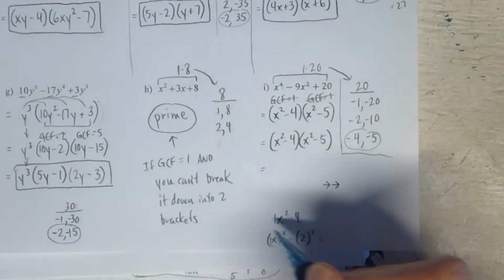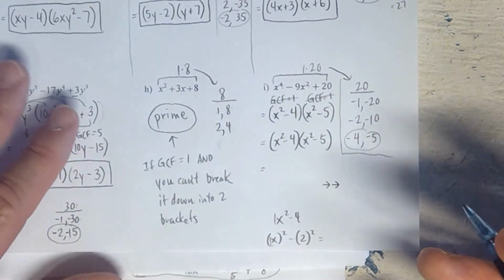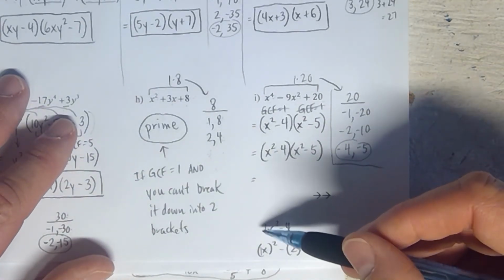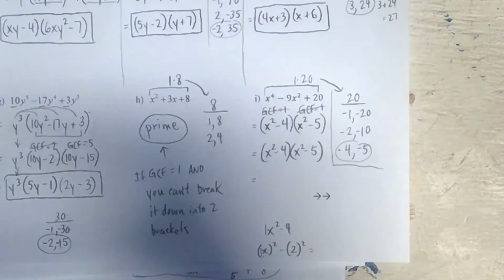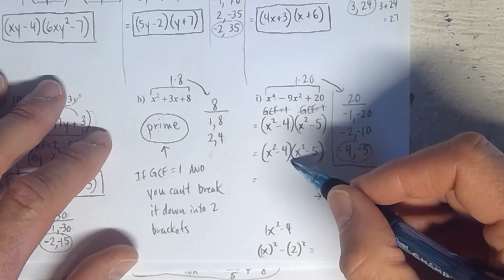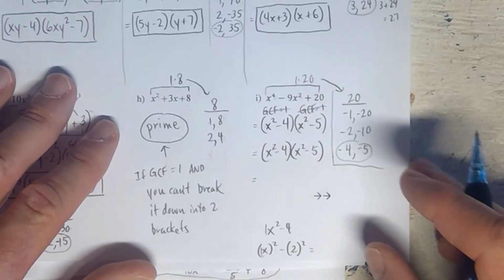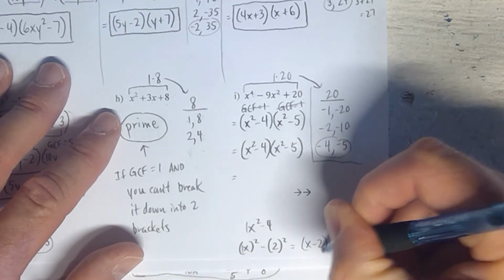So every part of this is something being squared. Every part of the bracket has to be something being squared in order to fit into that formula. This is the one case where that does happen. So what is this? This is going to be x minus 2 and x plus 2.